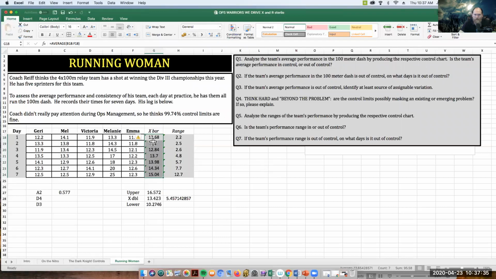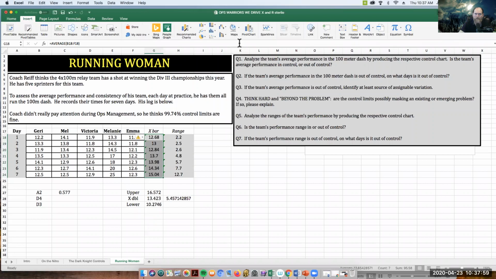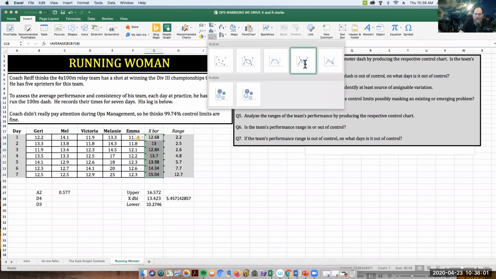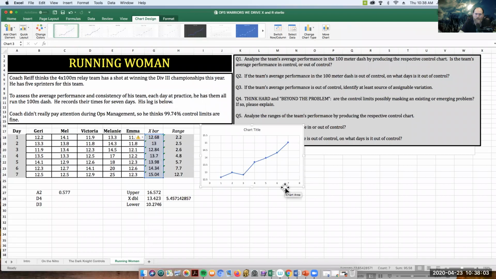So the short of it is, for everyone, we're only going to plot these values here. Otherwise our slide is going to be really noisy, and we don't need all this information anymore to tell us whether the process is in control or not. So we're just going to plot these, and we're going to do that by grabbing those and going here, and we're going to get that right there.